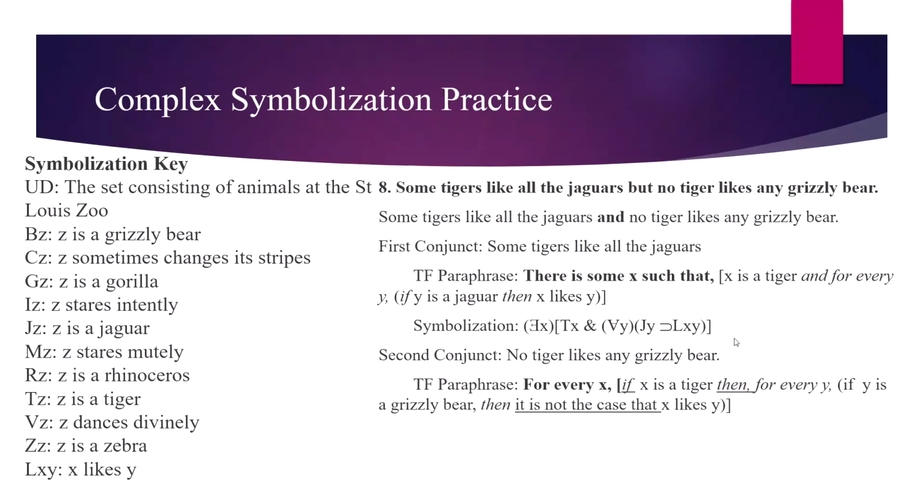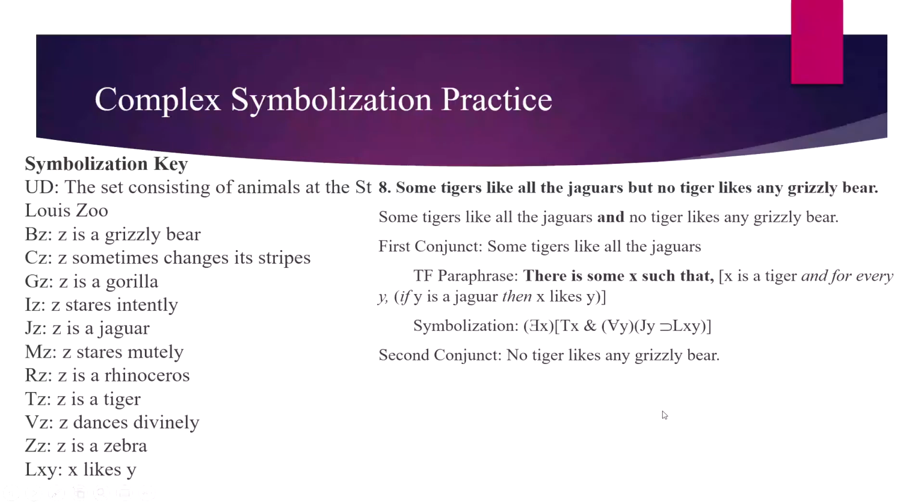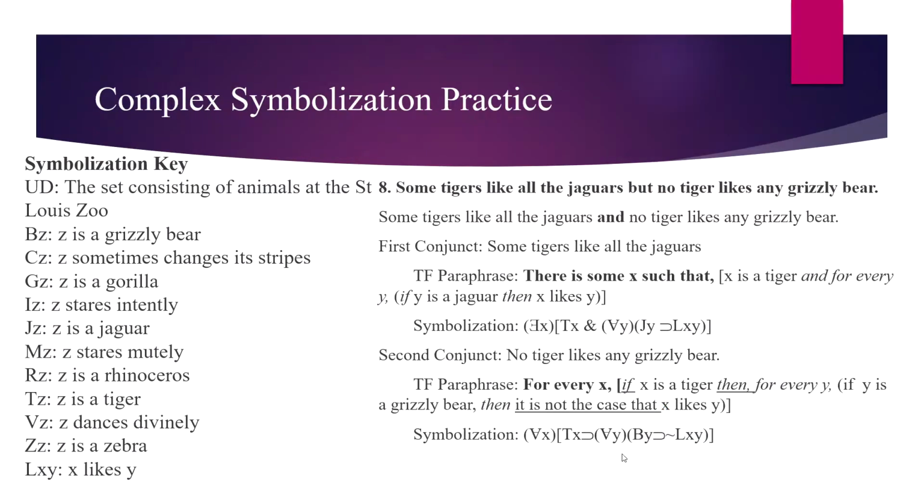And we break that down into another material conditional. So our full paraphrase is, for every X, if X is a tiger, then for every Y, if Y is a grizzly bear, then it is not the case that X likes Y. And we get this symbolization.